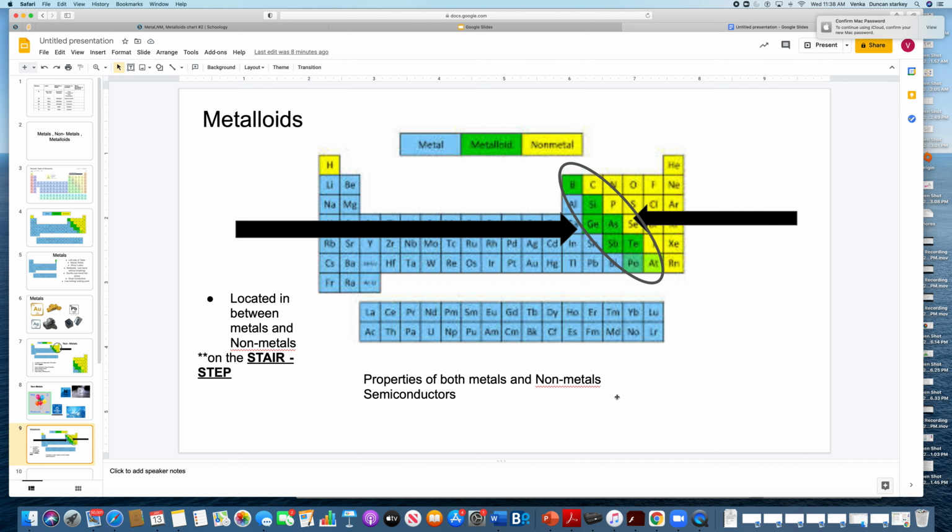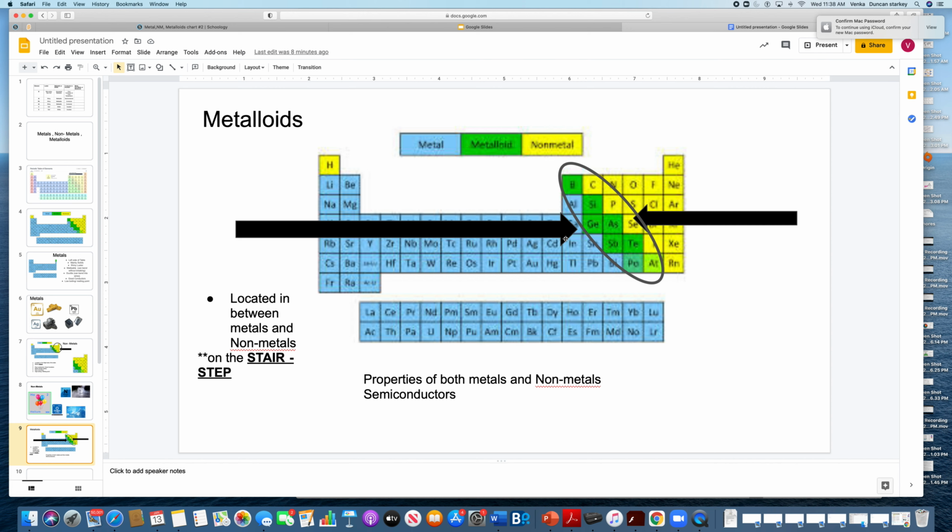They can have properties of both metals and nonmetals. Metalloids are often referred to as semiconductors. So they have properties of both metals and nonmetals, and they are considered semiconductors. They are located on the stair step between metals and nonmetals.